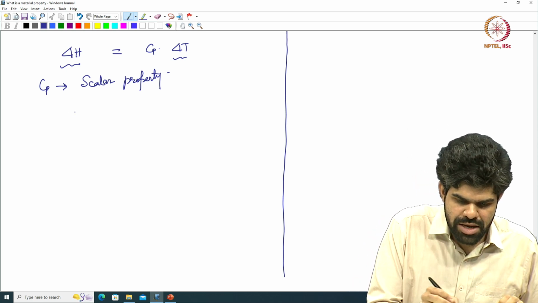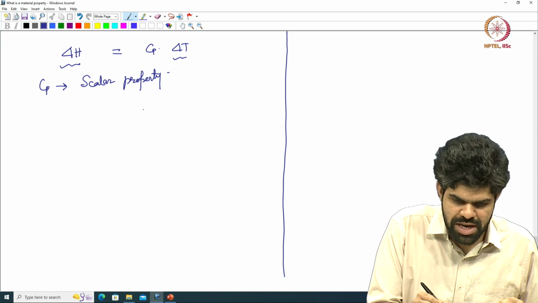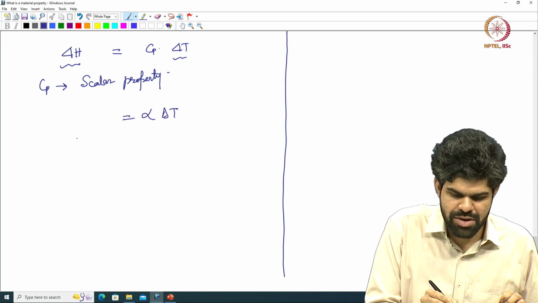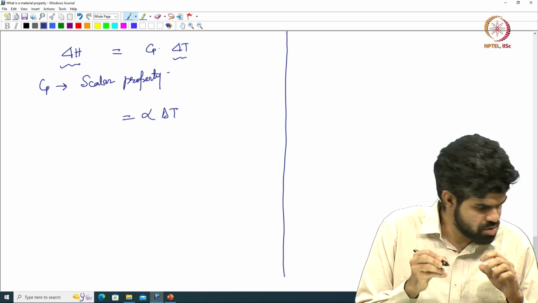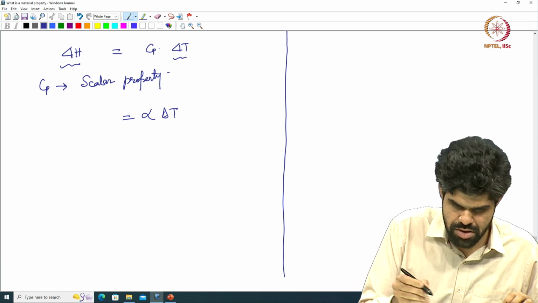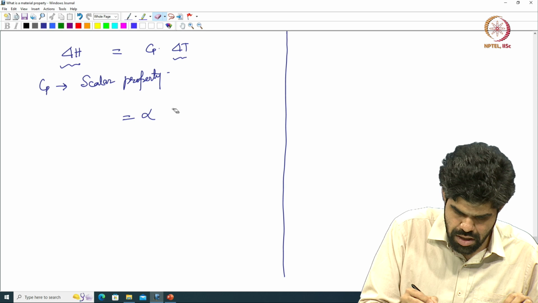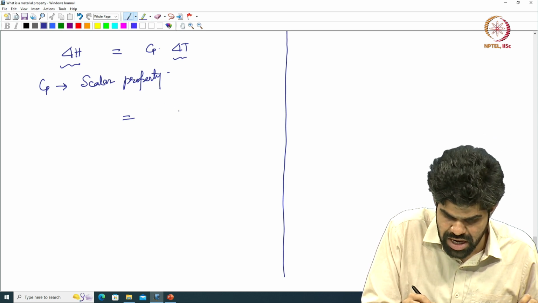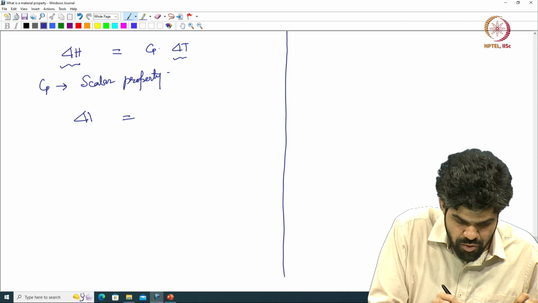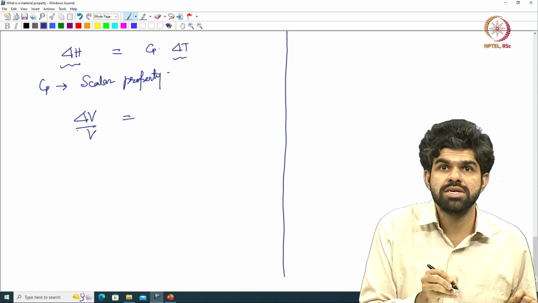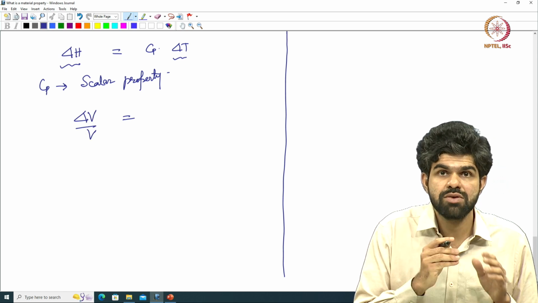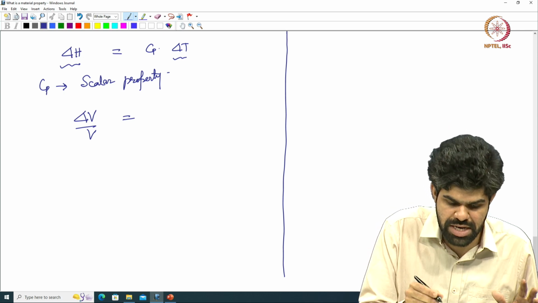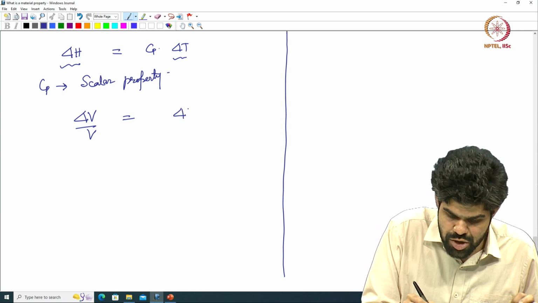Similarly, if I take alpha delta T, oh, not that, alpha will be a tensor, sorry. But if I take isothermal compressibility, if I look at the change in volume, the volumetric strain, this is a scalar quantity, just the change in volume per unit volume with respect to pressure.